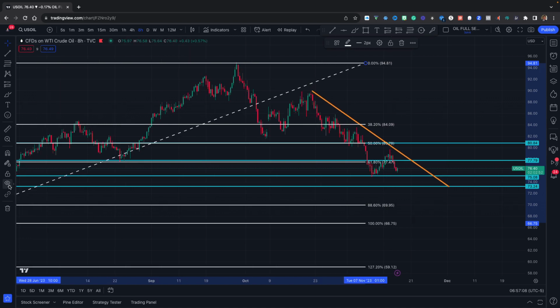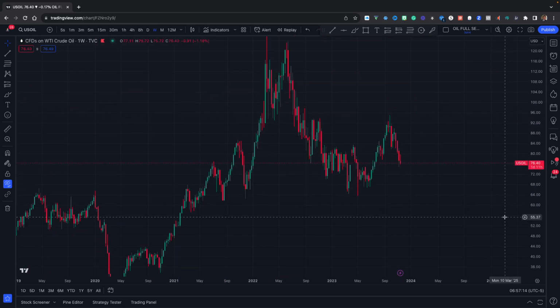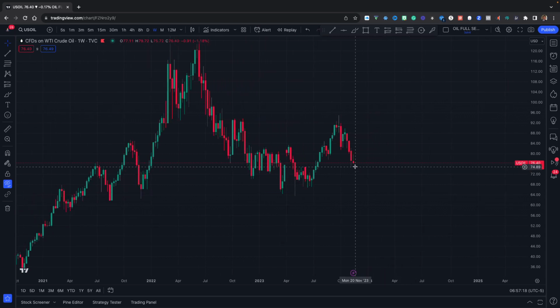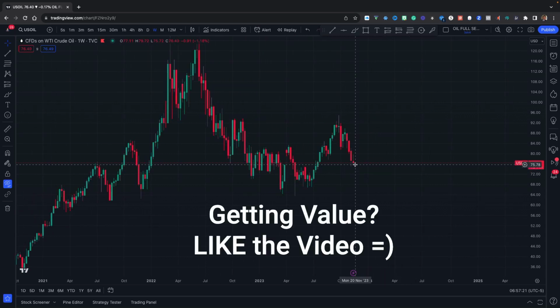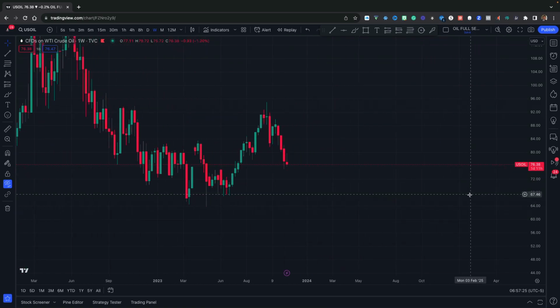If I turn this off real quick and head over to the weekly, again, you can see that we are definitely still trending down on the weekly. Now, we could very well reverse this weekly. We still have 2 days to go, but understand that we are still trending down.